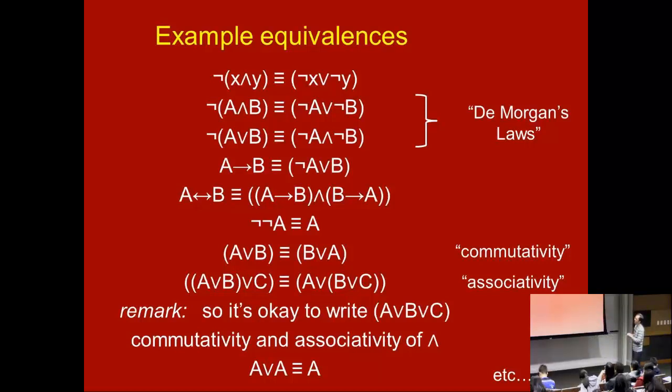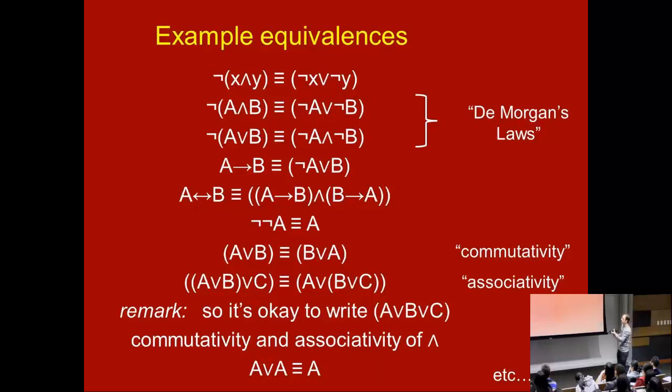The other converse version is that not of A or B is the same as not A and not B. And these two things are called De Morgan's laws. They let you move nots to the inside if you have not of A and B, or not of A or B. There's lots of other ones. I mean, if you don't like this, A implies B is the same as not A or B.